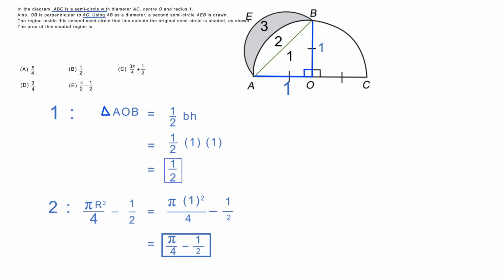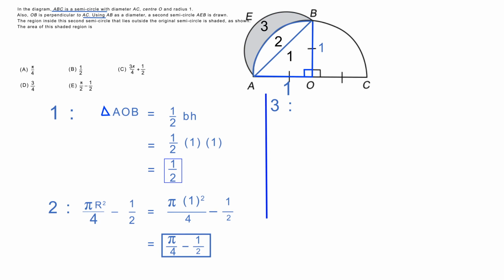Now we get to region 3. Now region 3, how would we figure out the area of that? Well, we first need to figure out the area of this semicircle right here. And then from that, we need to subtract this region 2.